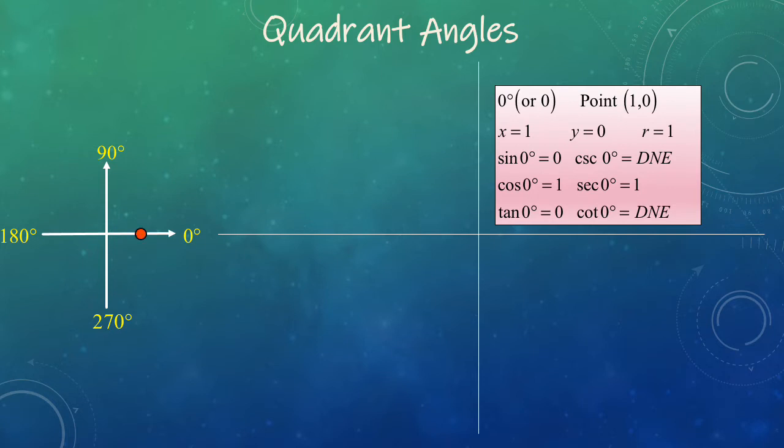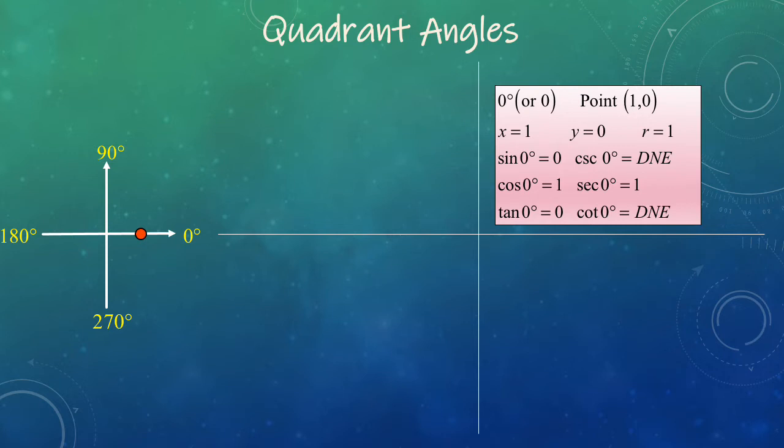We choose a point along 0 degrees, which will be a point in the form of (A, 0), where A is a positive number. For convenience, we will choose the point (1, 0). So x is 1, y is 0, and r, which is the distance from the origin to the point, is a positive 1.